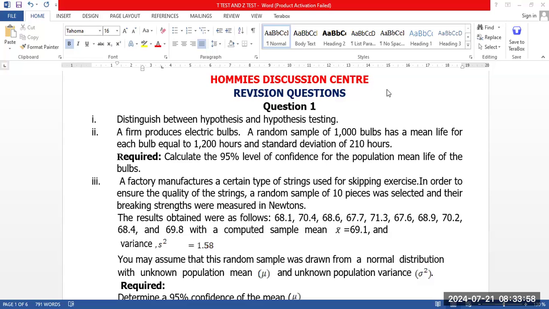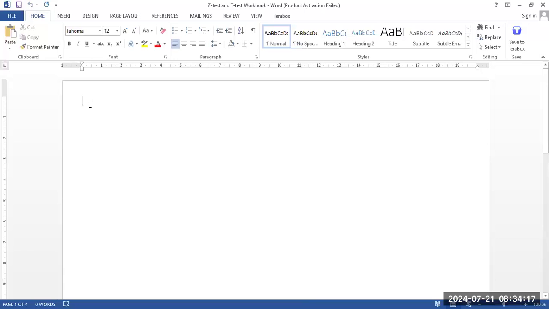We are going to handle these questions, but we need to have background. So we are talking about hypothesis estimation and testing.